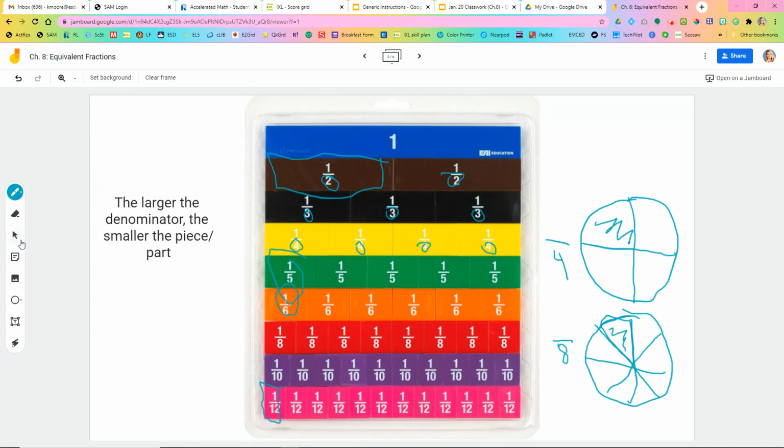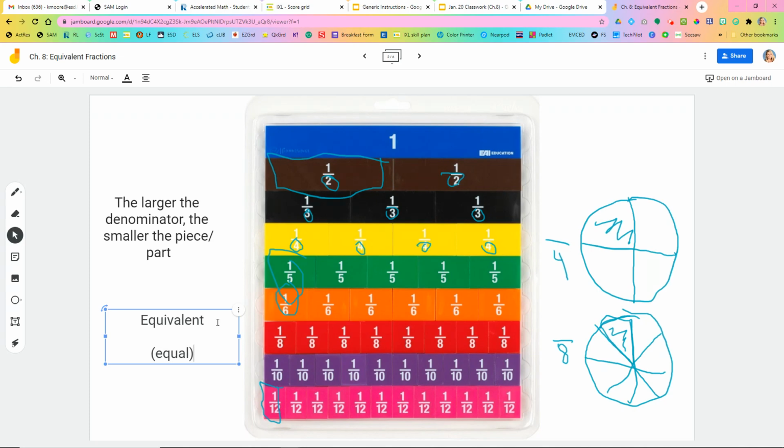All right, so let's take a look at equivalent fractions. So we're going to talk about equivalent fractions today. Before I move to the next screen, I do want to type this word on here, equivalent. Now, whenever you see equivalent, you should think of the word, which we've talked about this before in class, equal.